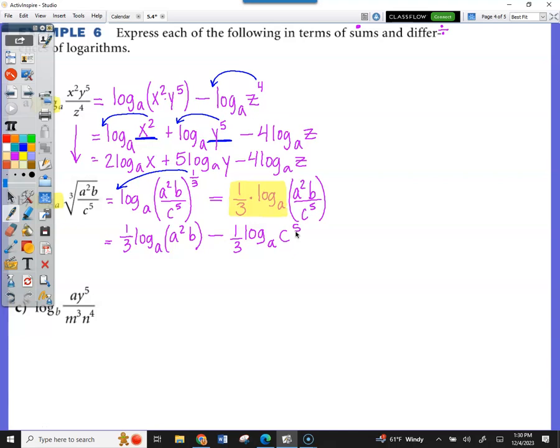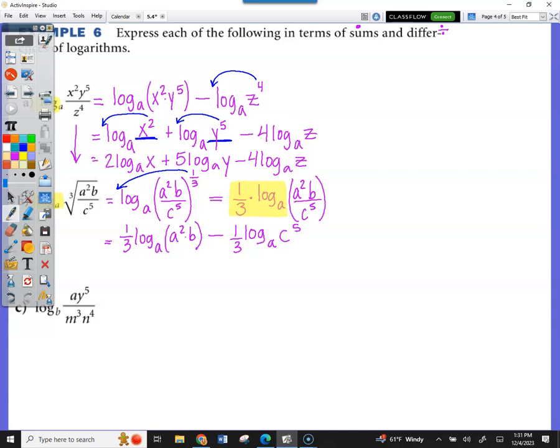Now what do I do? What's one thing I can make note of for the next line? Yeah. So this right here that's in parentheses is being multiplied. Multiplication translates to addition.